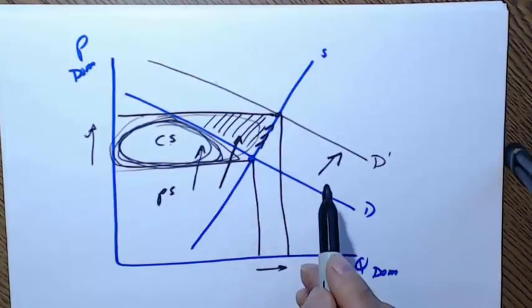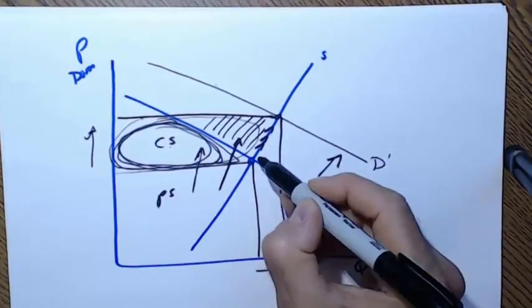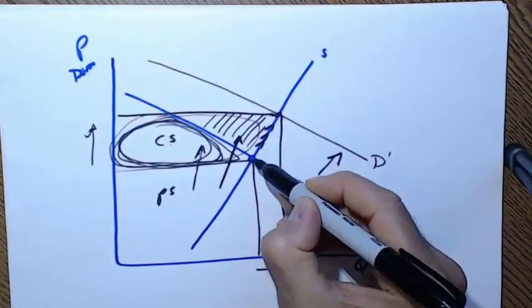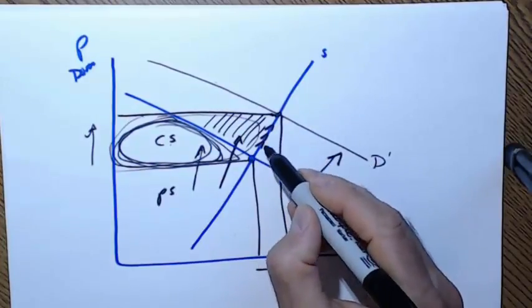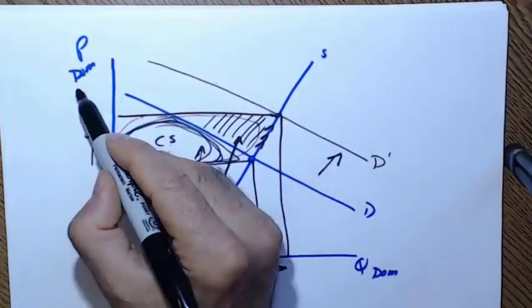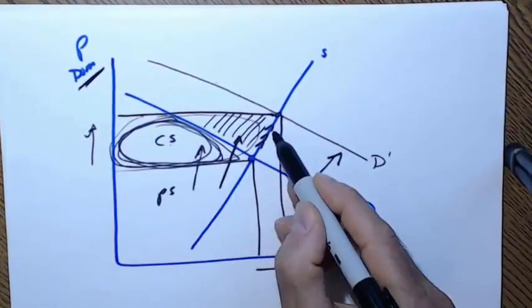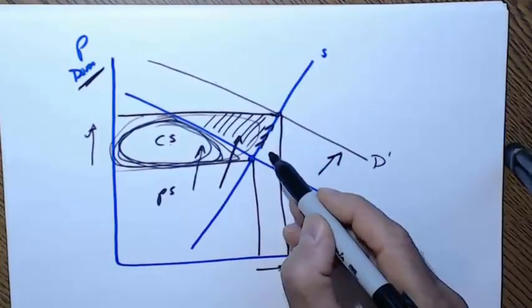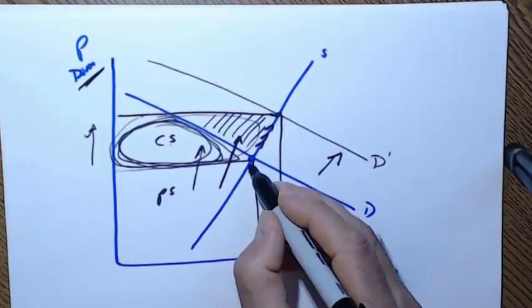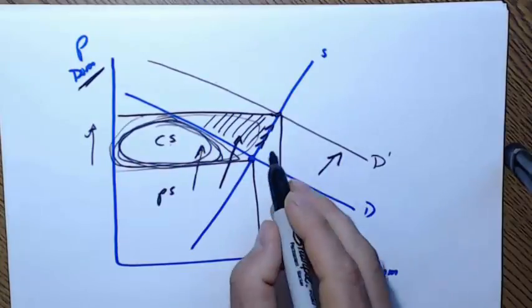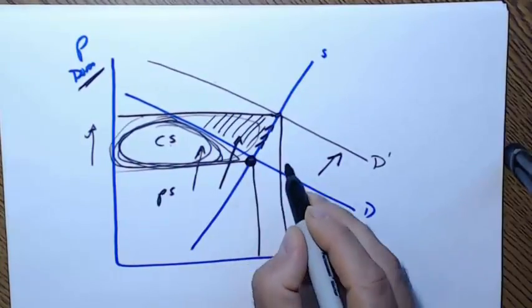Now you also have to keep in mind what's actually going on in this part of the graph. Well, we're in a domestic market. It's propping up domestic automakers that may be inefficient. So in a free trade situation where there's no excise taxes on imports, we'd be right here.